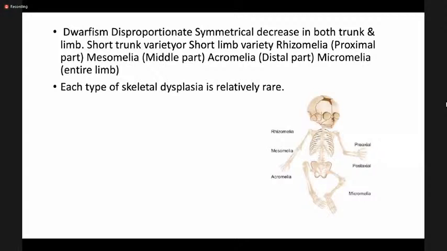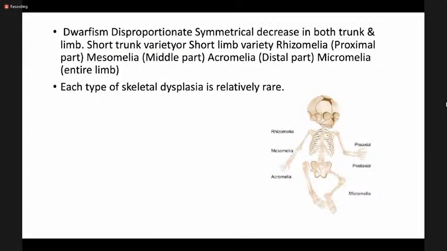And if it's the entire limb that is involved, then we'll use the term micromelia. Then, when it's the radial side, we refer to that as preaxial, and then postaxial is the opposite of that, the ulnar side.